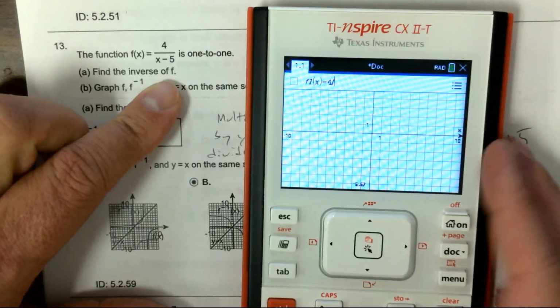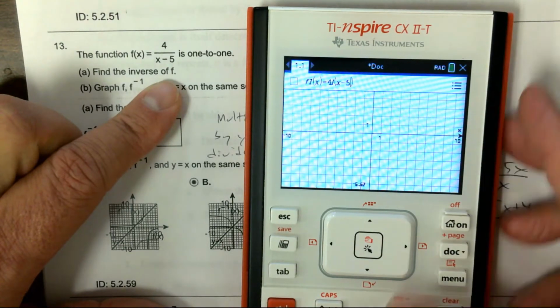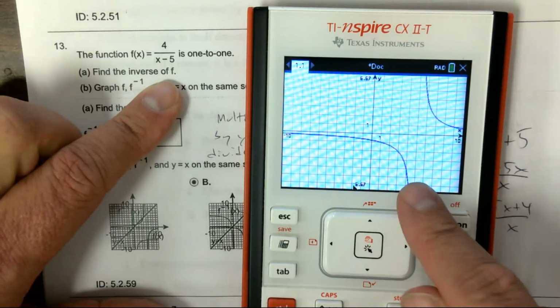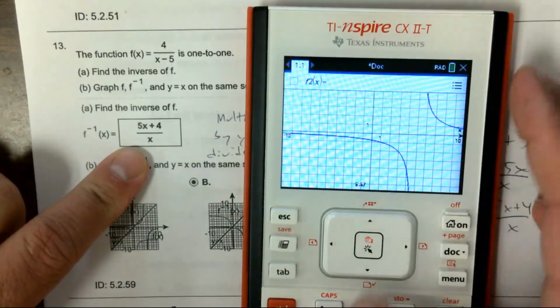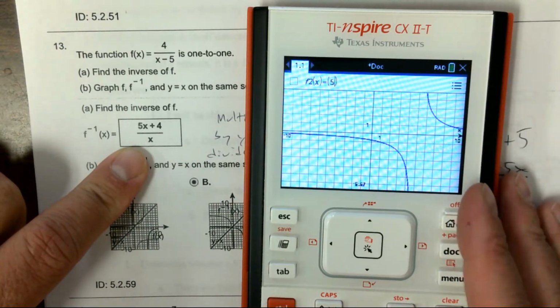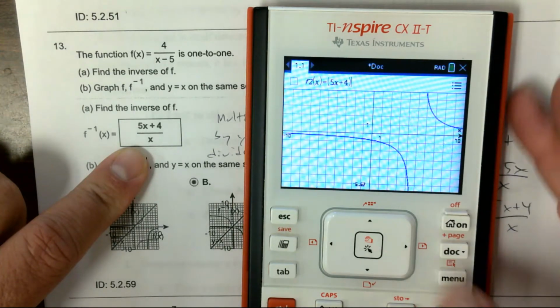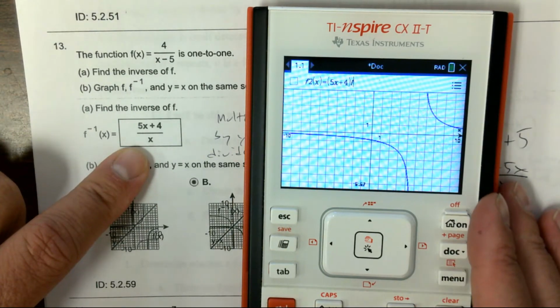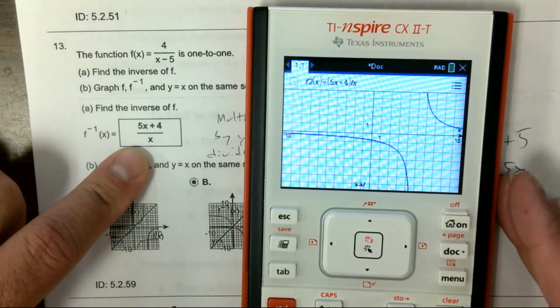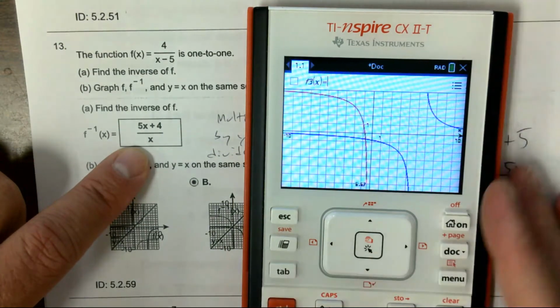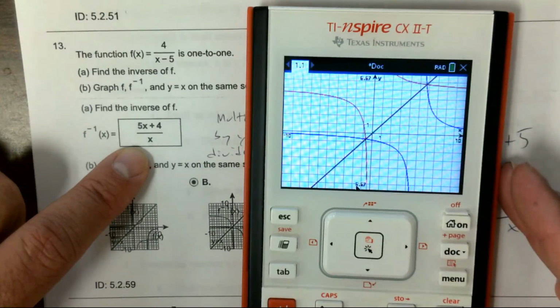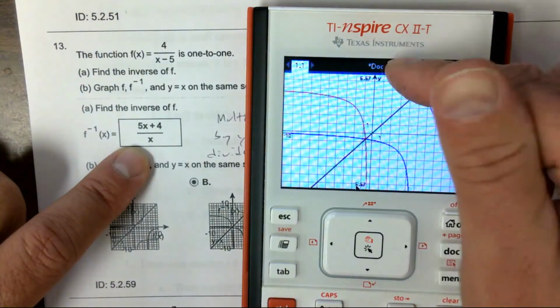Four over x minus 5, there's the original, and then 5x plus 4 over x, there's the other one, and then it reflects across y equals x. So now you can see those match.